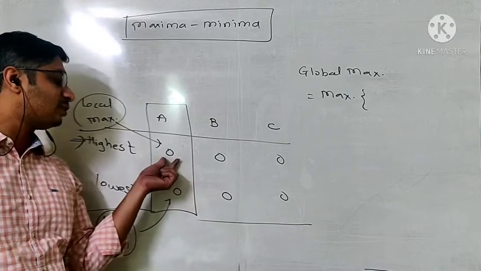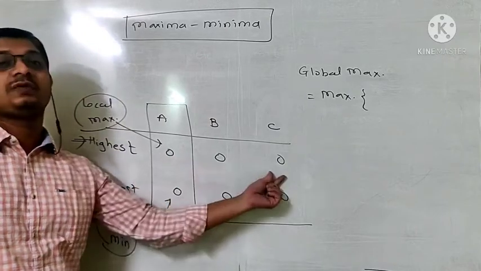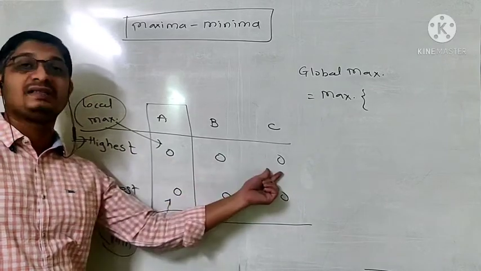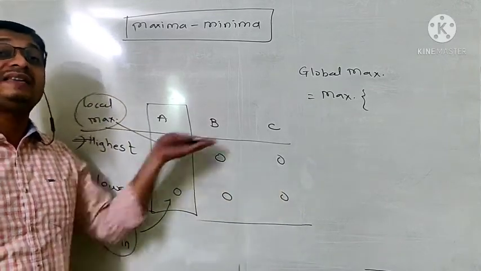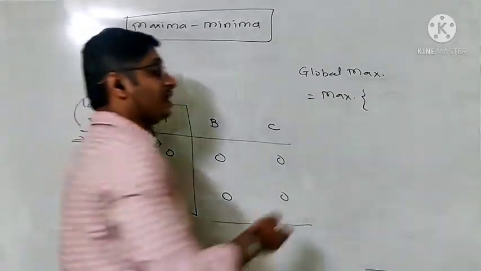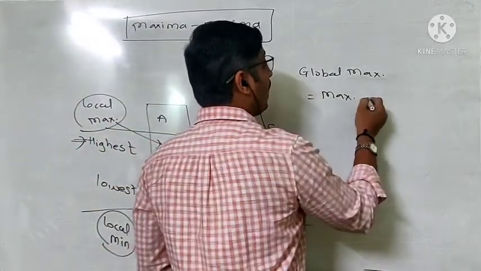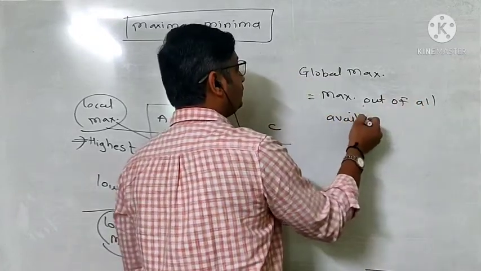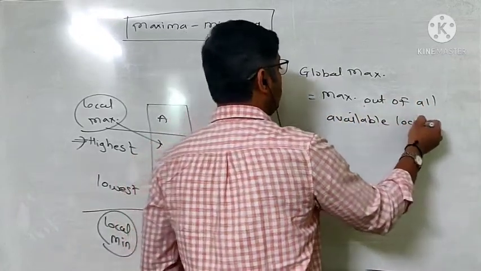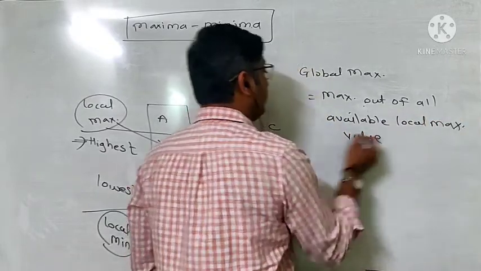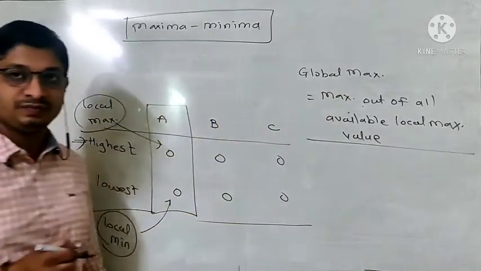That means suppose this is person X, this is person Y and this is person Z. Out of X, Y and Z, whoever has secured the highest marks will be known as the global maximum. So the maximum out of all available local maxima values will be known as the global maximum.